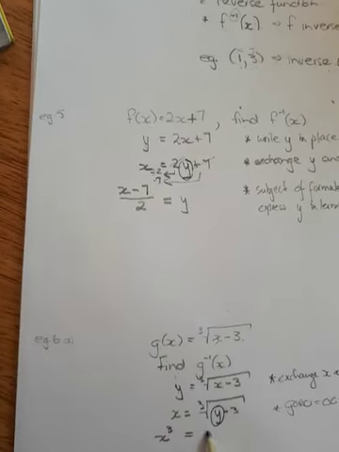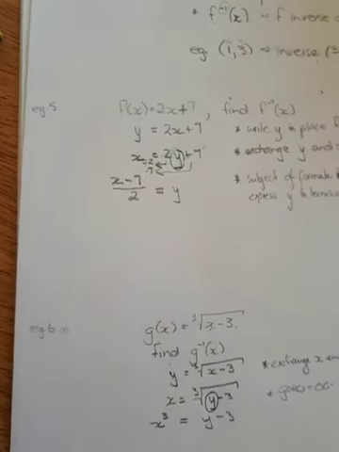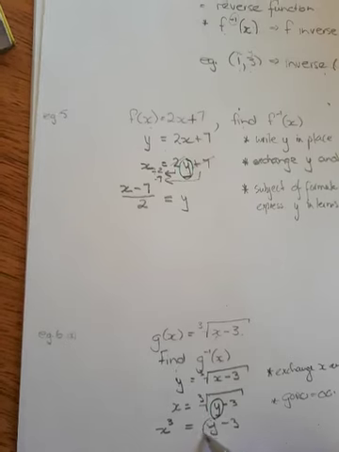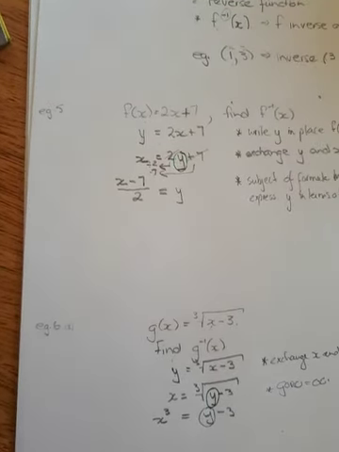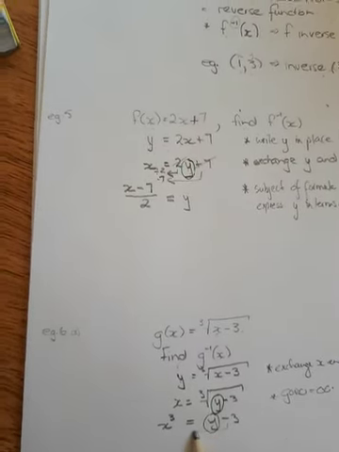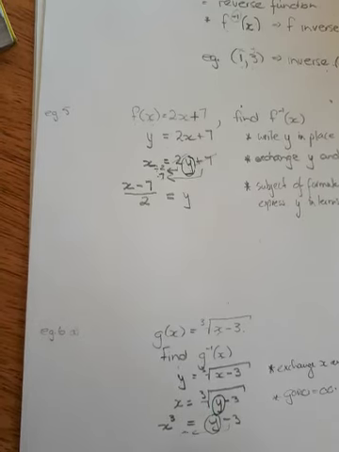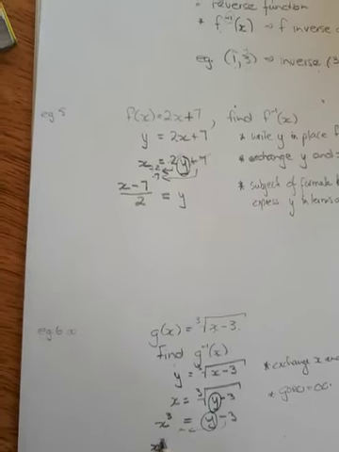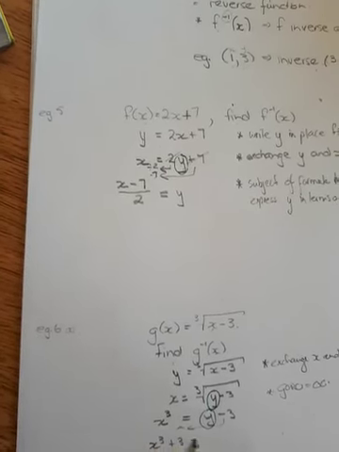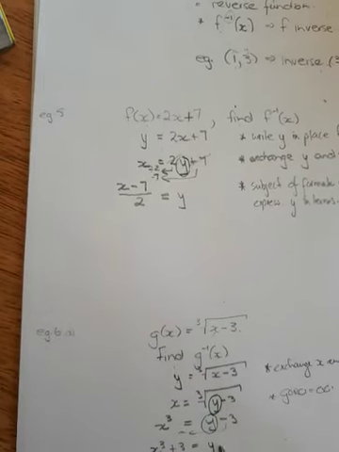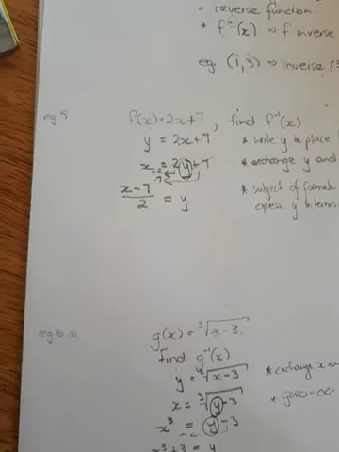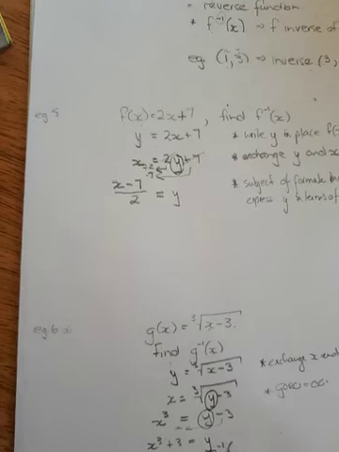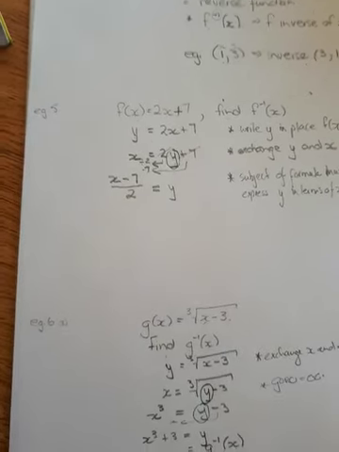Which on the right hand side gives me y minus 3. And I want to find y, so now I must still move the 3 to that side, which becomes plus. So x cubed plus 3 equals y. Or, for that matter, they're asking you the inverse of g of x.